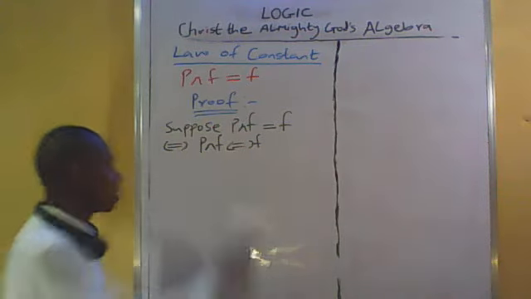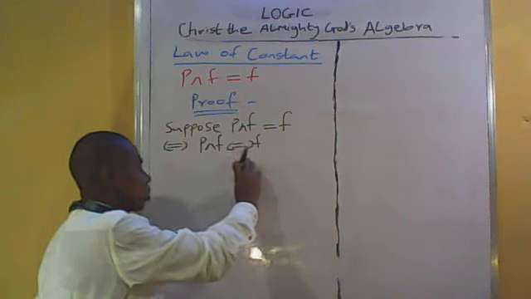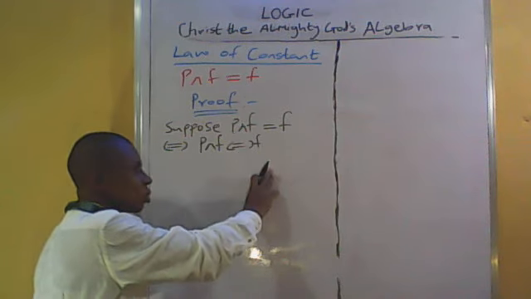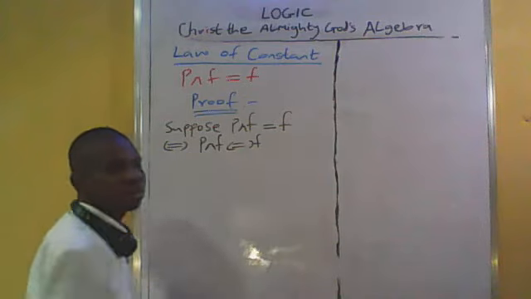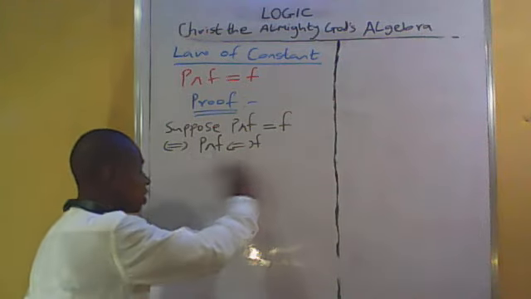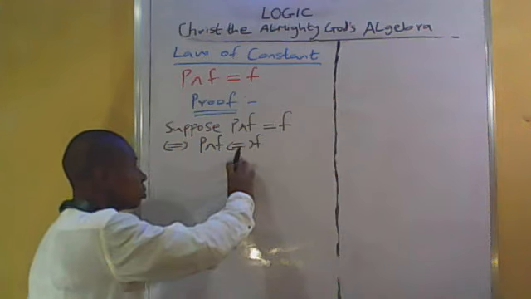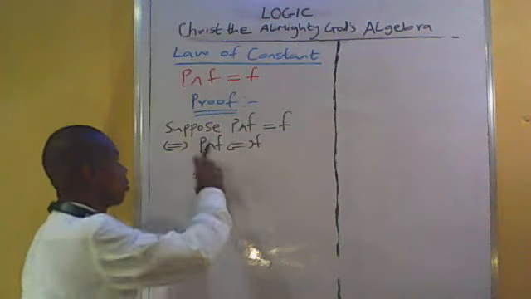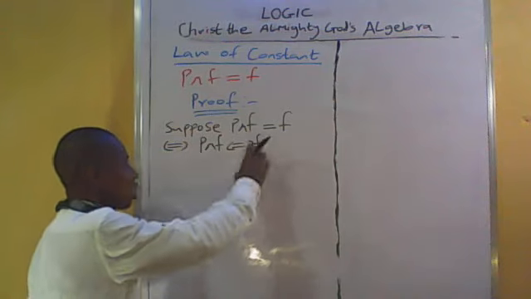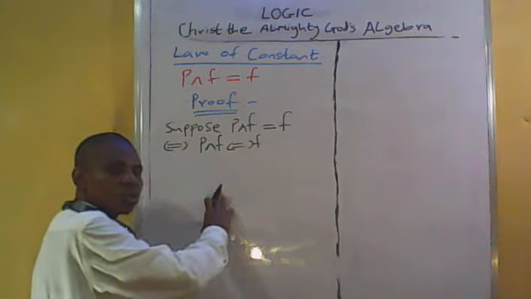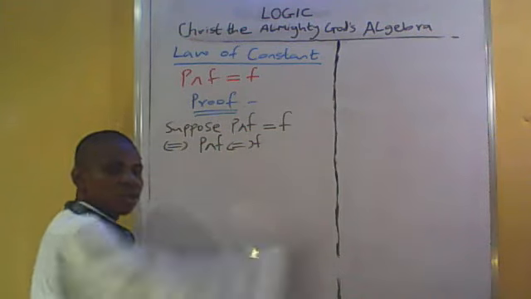Whenever I evaluate this particular statement, there is no possibility of getting falsity, always truth. Because whenever P and F is false, F is false, and whenever F is false, P and F is also false. So always truth.